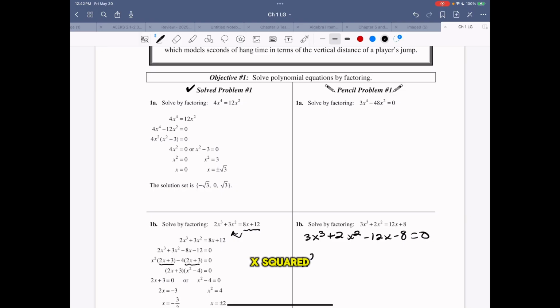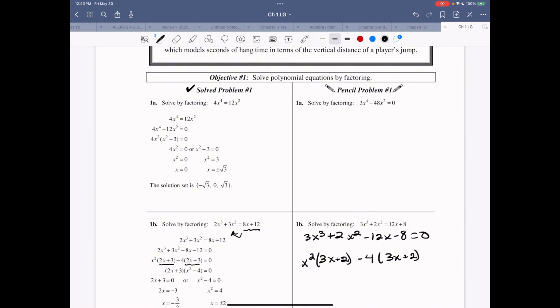So x squared times x plus 2, and you should have the same thing over here, minus 4 times... oh my gosh, this is 3x. I've got to go back. So x squared times 3x plus 2 minus 4 times 3x plus 2.